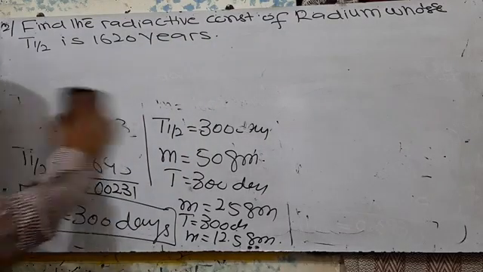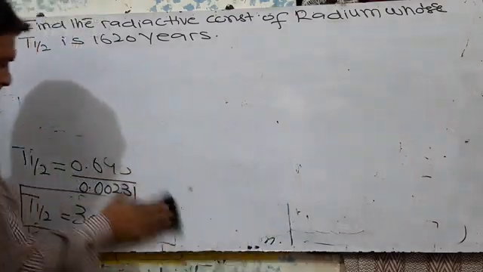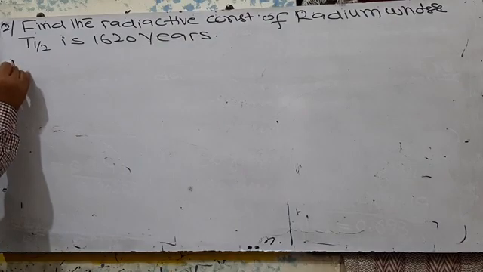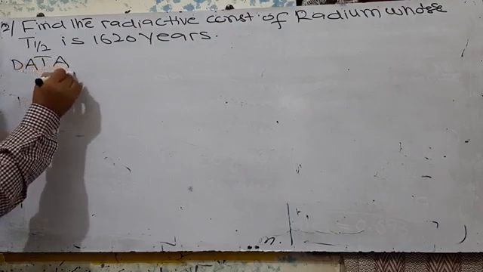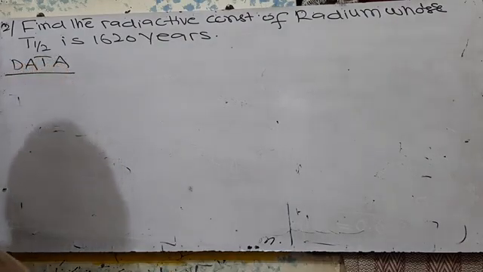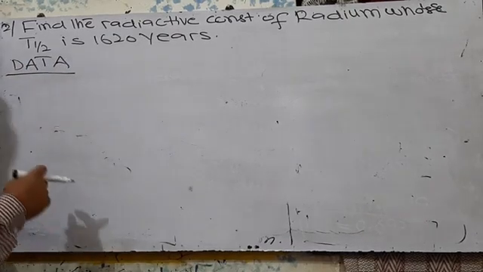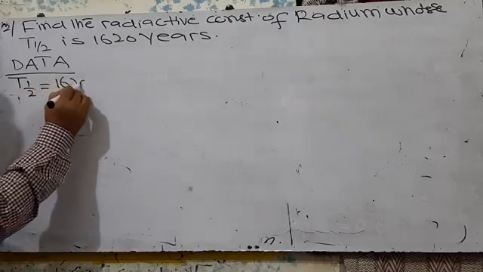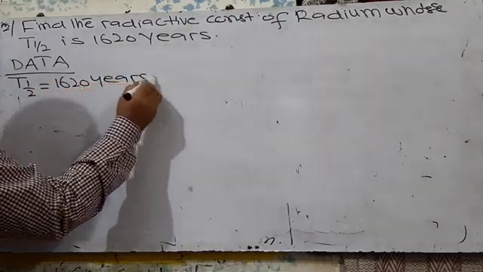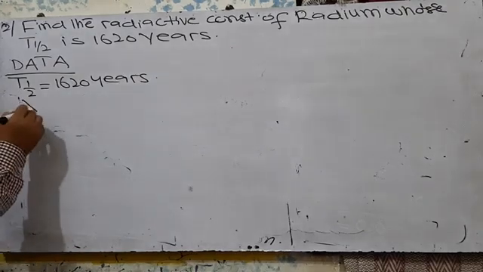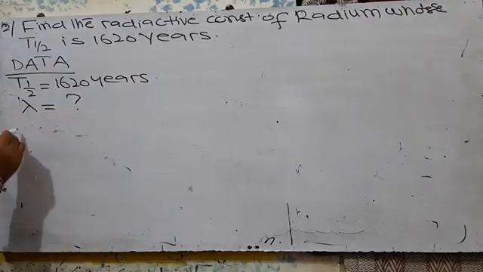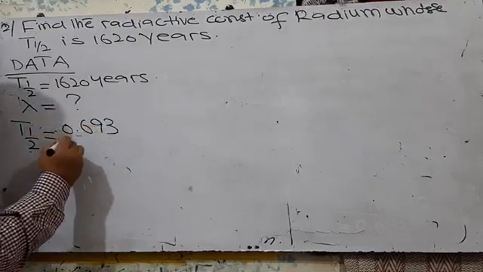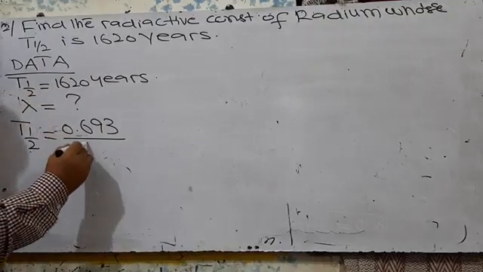Now we apply the same formula. First of all, we make the data. The half-life is given: T1/2 is equal to 1620 years. And we have to find lambda. So the formula is T1/2 is equal to 0.693 divided by lambda.